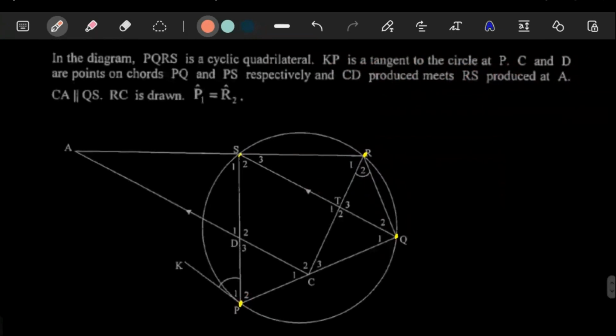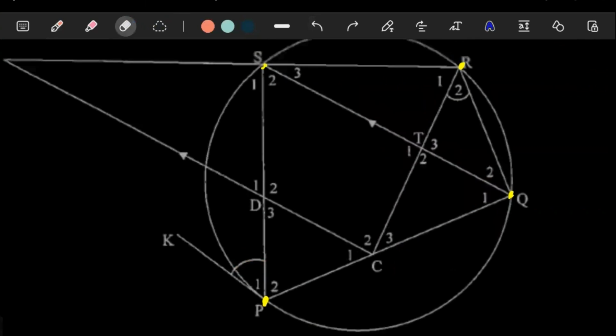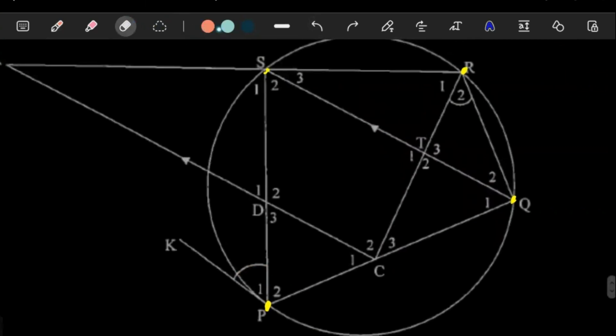Well, we have the tan chord theorem, obviously, do we? Yeah, this one is going to be equal to that one because of the tan chord theorem. So let's maybe use dots. No, let's just use what we're using.